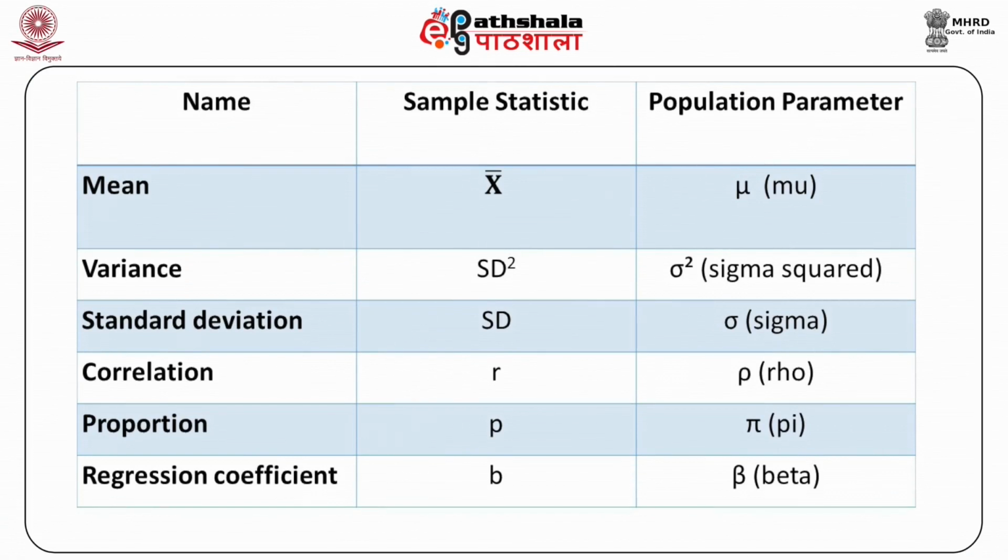Like the mean may be given as x bar as a sample statistic, whereas it is represented as mu by the Greek letter. Similarly, we can see variance, standard deviation, correlation, proportion, and regression coefficient are all represented with different symbols for a population and a sample.